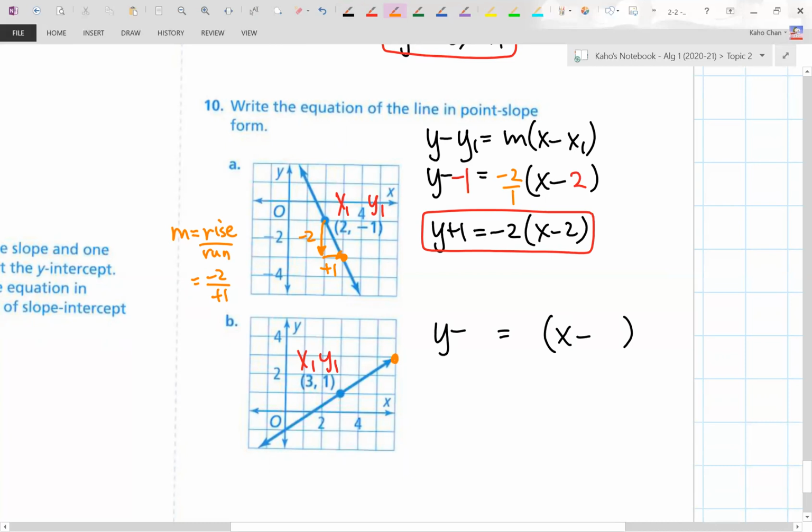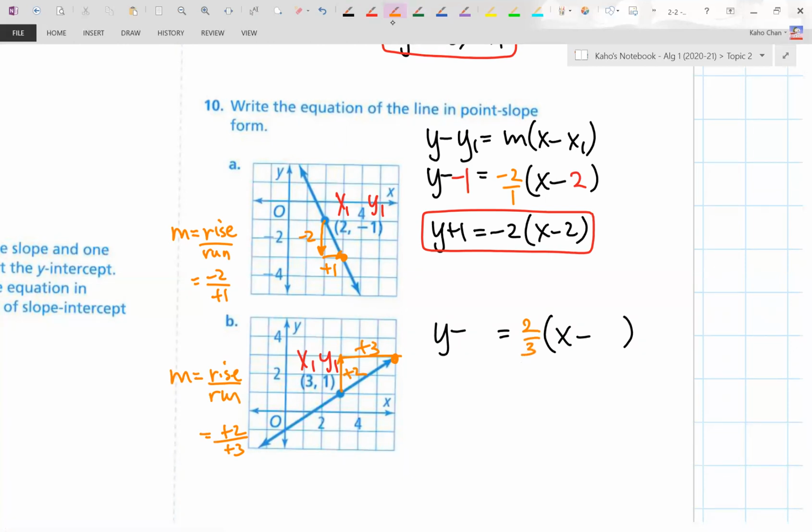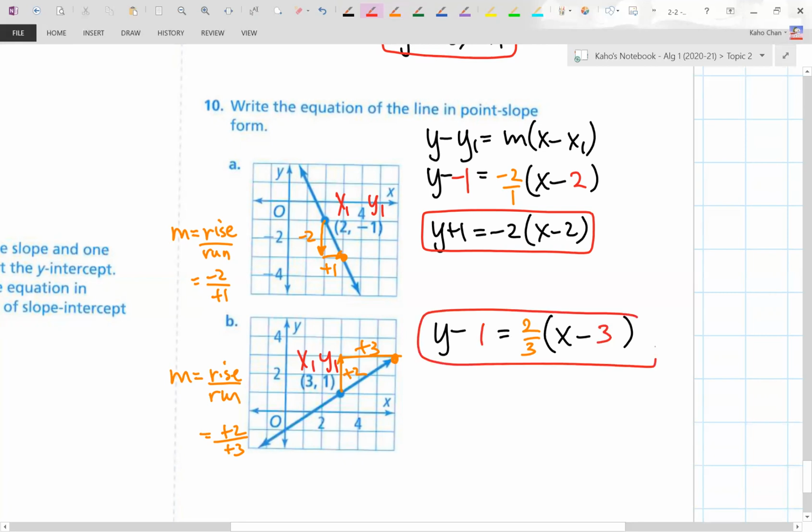And to go from one point to the other, my rise is +2 over 3. There's my slope, 2/3. And let's put in my point, 3, 1. Gosh, not bad. We are finished.